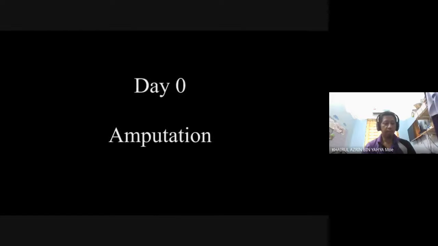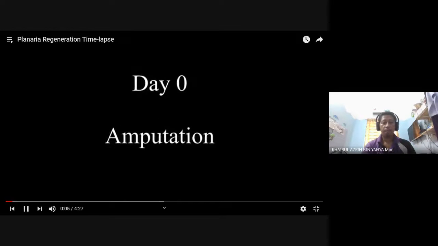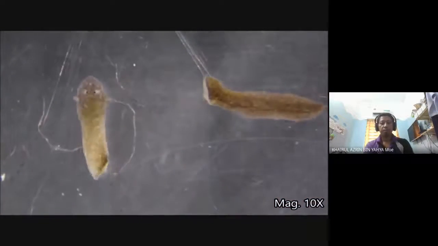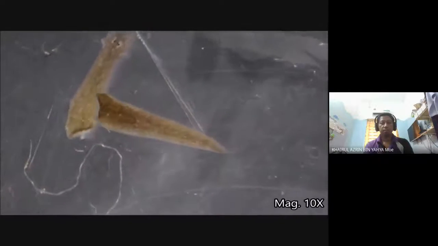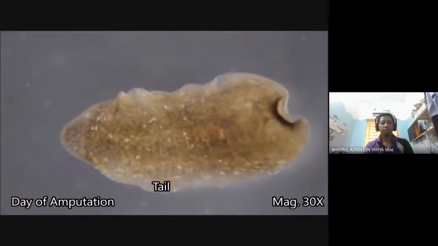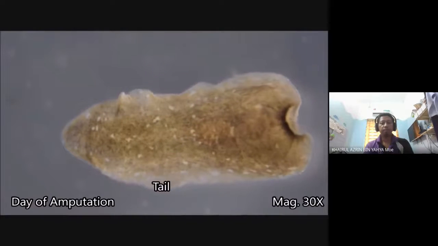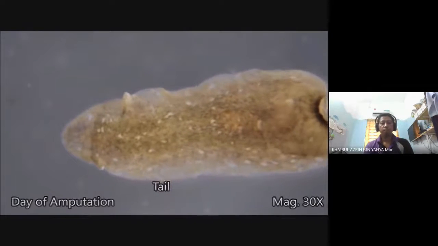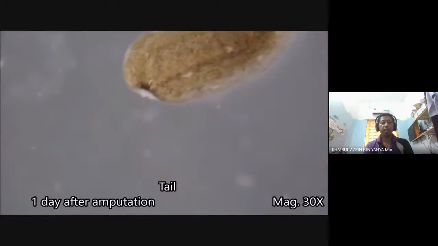Okay, maybe I play faster. This is planaria. Cut into two. Potong dua. Cut two. So this is the tail part. Tail tu ekor, bahagian belakang.